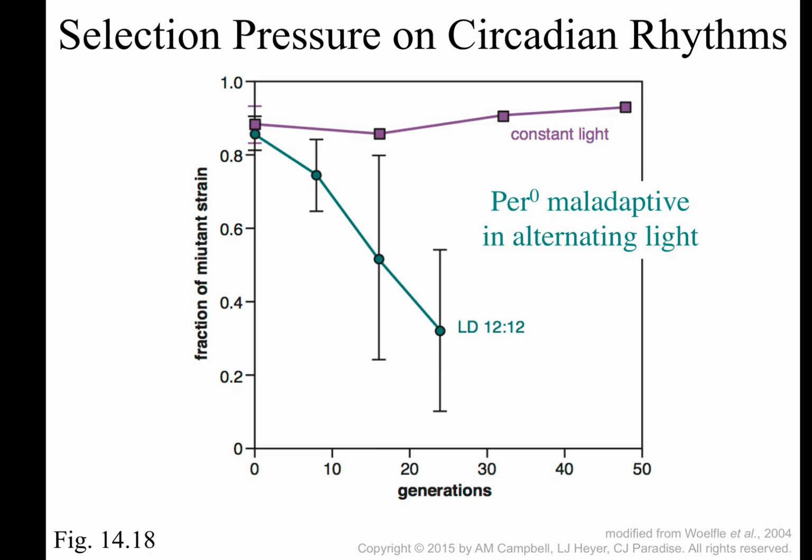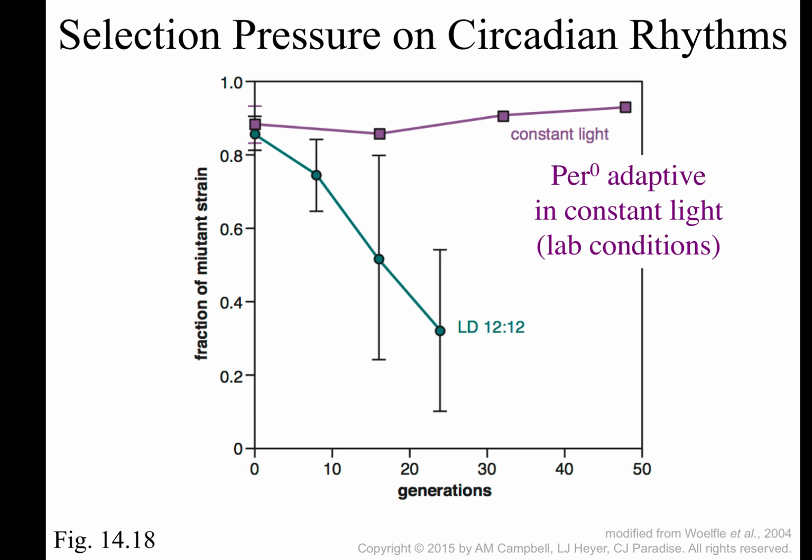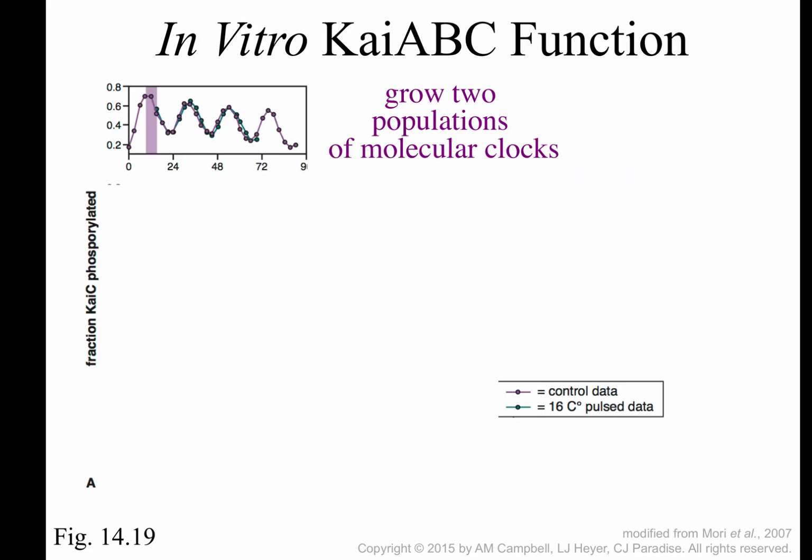So under conditions like we have on Earth, where we have light and dark cycles, it is maladaptive to not have a cycling system that pays attention to that light-dark cycle, at least in this species. Okay.